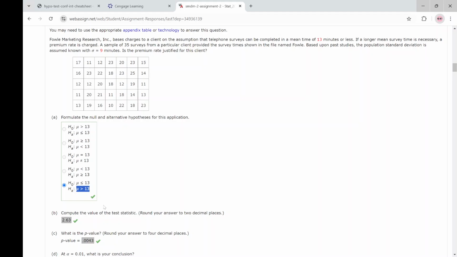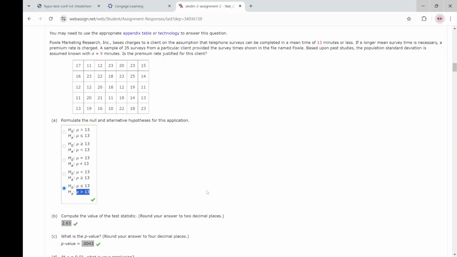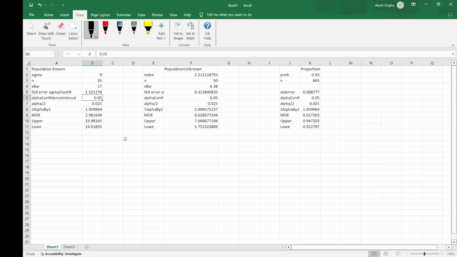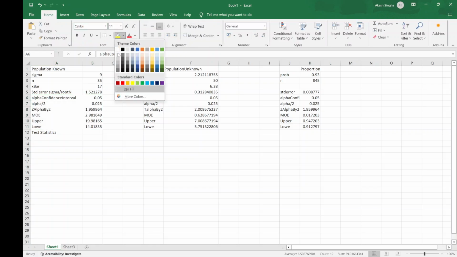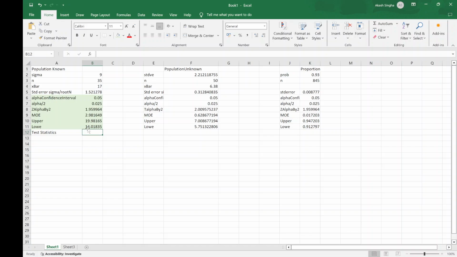Now here we have to compute the value of the test statistic. So sigma is given. So what is the value of test statistics? For calculating test statistics, from this to this, it's basically for confidence interval and margin of error kind of thing. And test statistic is for hypothesis. So for test statistics we have to calculate the z value, right?